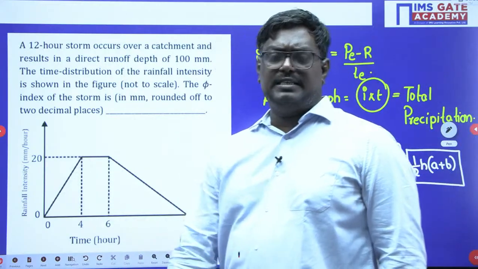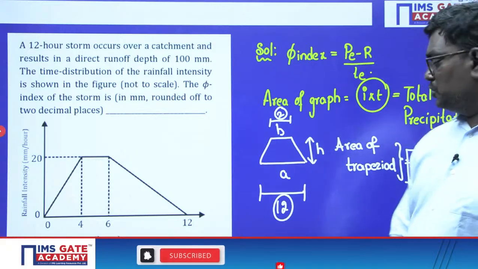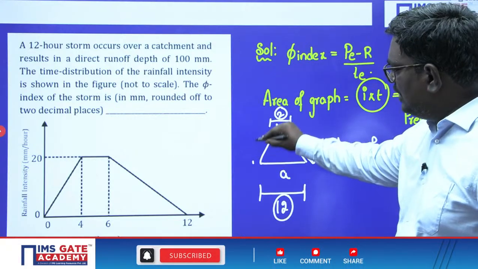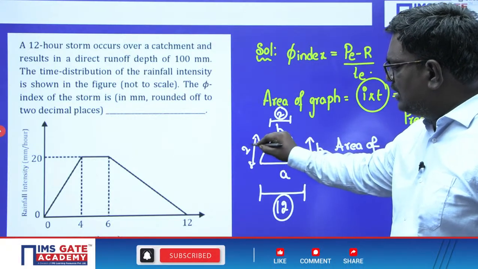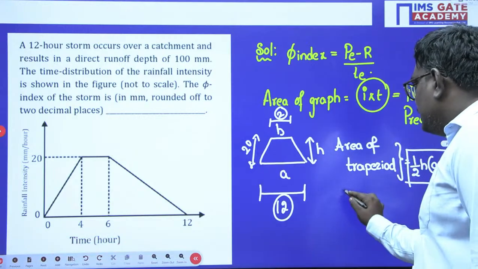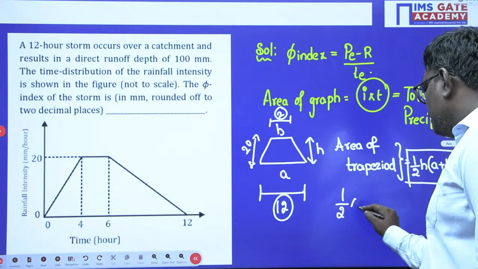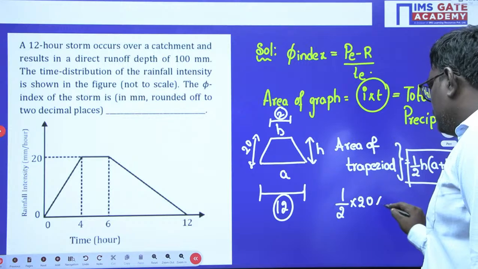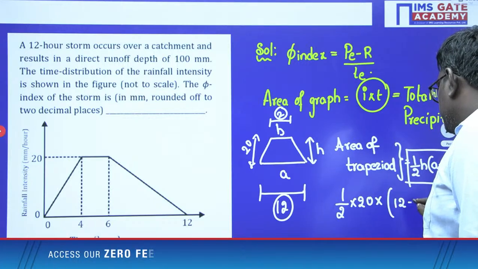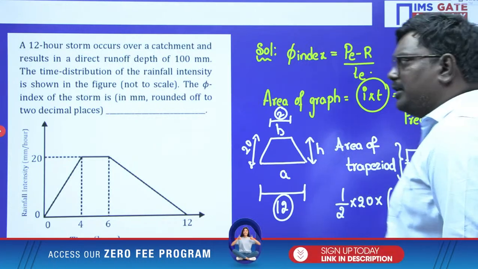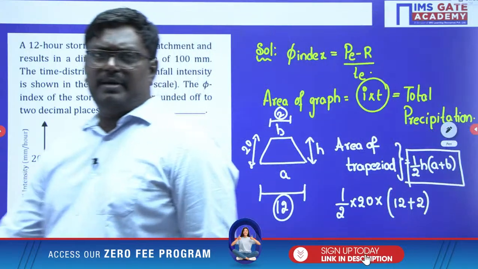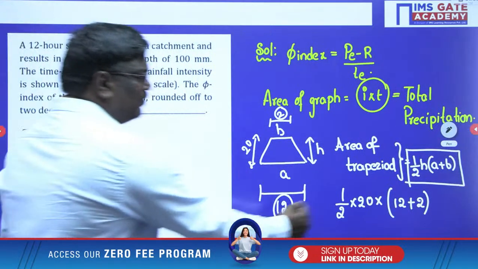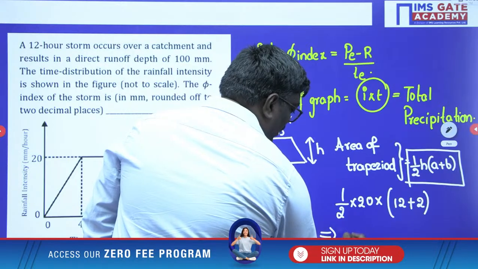That is intensity, that is 20. So if you get the area, it is equal to half into 20 into 12 plus 2. Am I correct or wrong, my dear students? So this value will be equal to 140 mm.